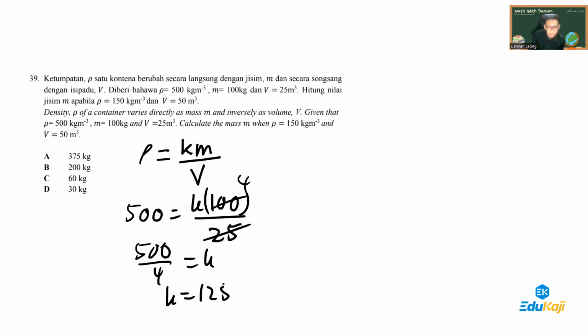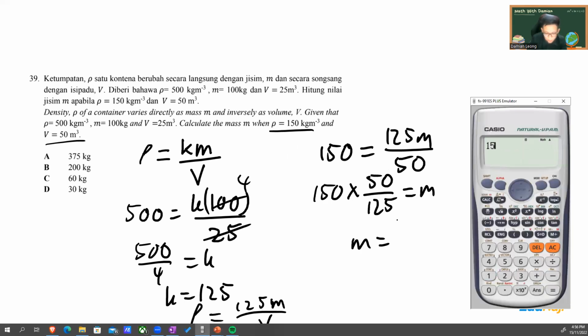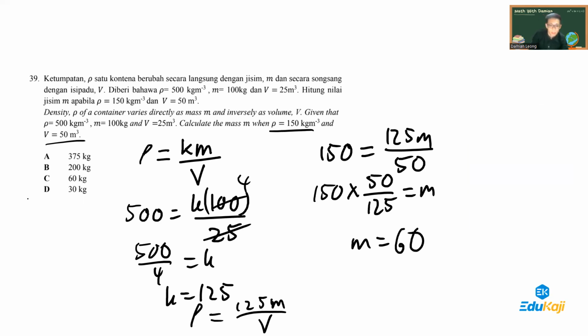So k is 125. So density is 125 m over v. So I sub in these two values. 150 equals 125 m over v, v is 50. Bring over the 125 over 50, flip the fraction around. 150 times 50 over 125 equals m. m is 150 times 50 divided by 125, 60. So the mass will be 60 kg. Answer C.